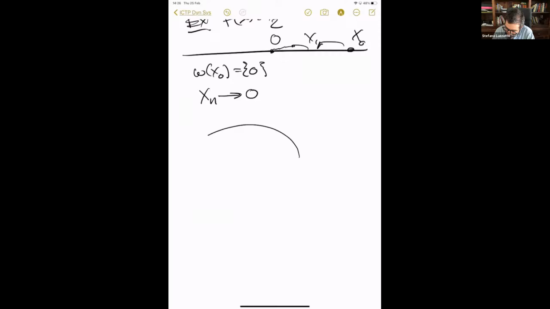So what are we trying to show? This is the circle. This is some arbitrary point x naught. And then the orbit of x naught is just going round and round the circle. And what does it mean that every point on the circle is a limit point of x naught? This is what we want to show.